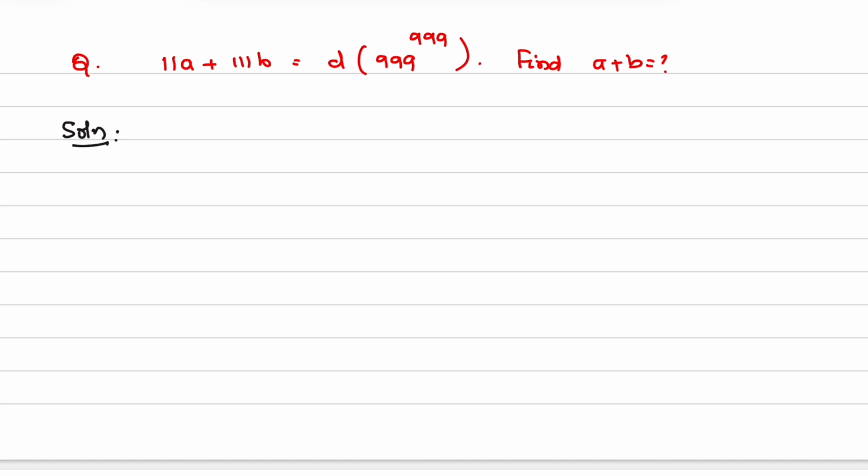Hence both are different, 11a and 111b. And that is equal to a value which is not given directly. What is its value? We have to find the number of divisors of 999 to the power of 999. Now, the number of divisors of any number.